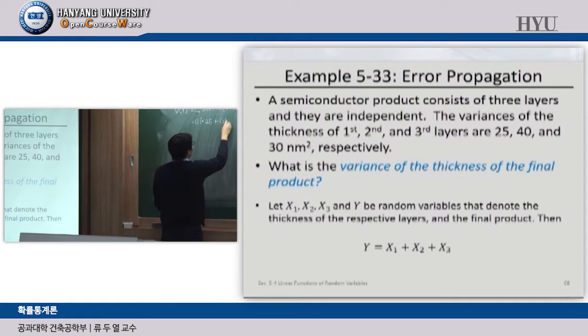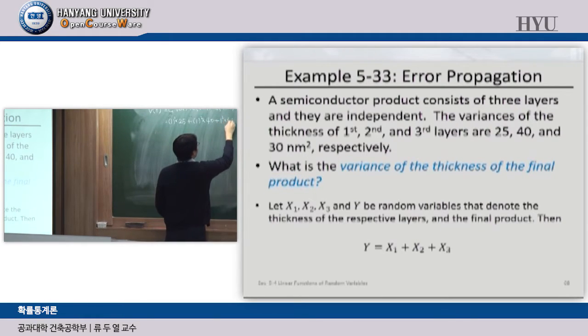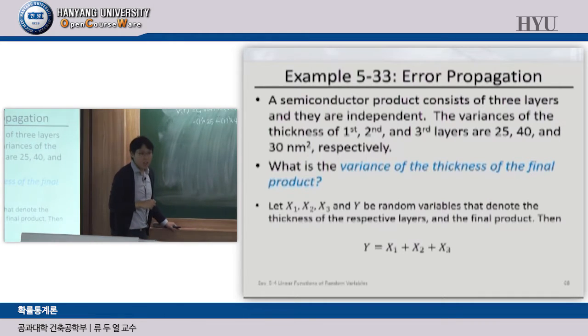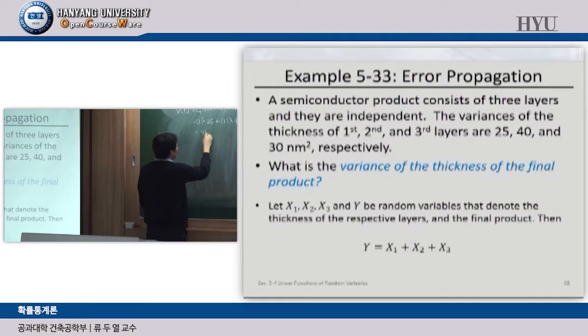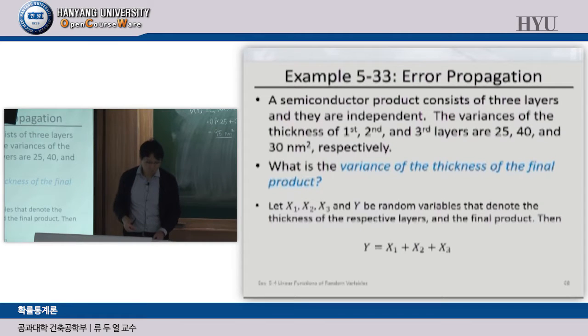Plus 1 squared times 40 plus 1 squared times 30. Okay? Right? So that is equal to 95 nanometer square. Right? So we can simply calculate this equation.